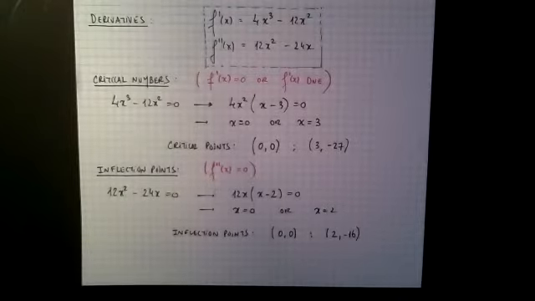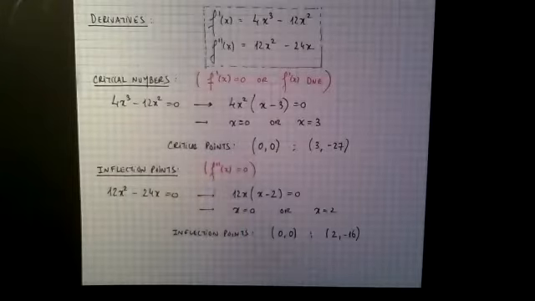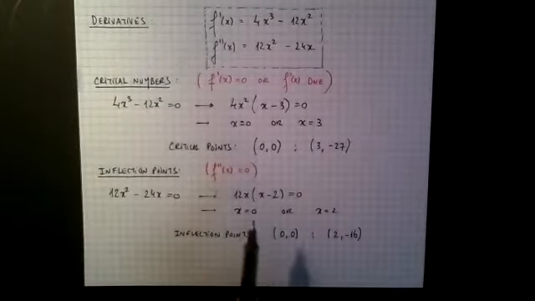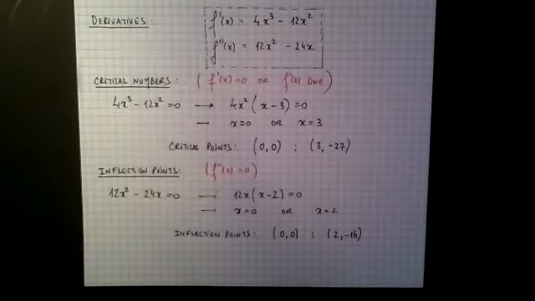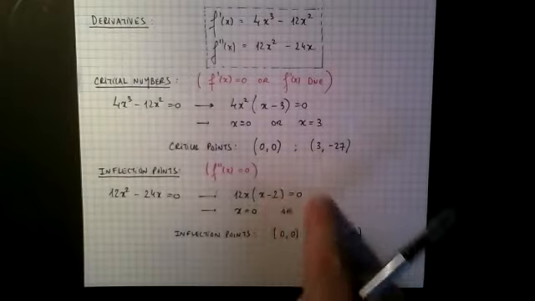Let me know if you have questions so far. Yep, what is an inflection point? For now, it's just a place where the second derivative is 0. Like I showed you a few classes ago, the second derivative tells me when the function is concave up and when it's concave down.